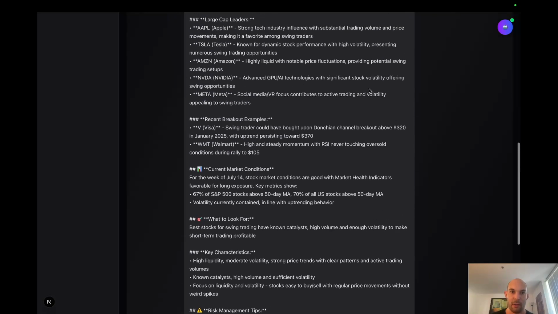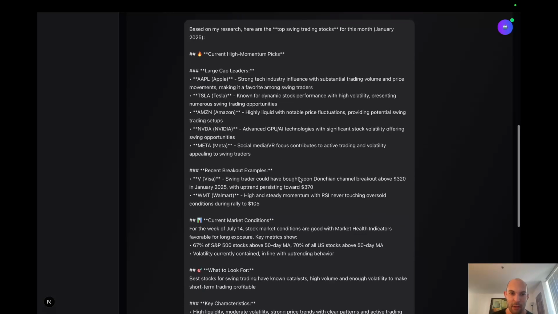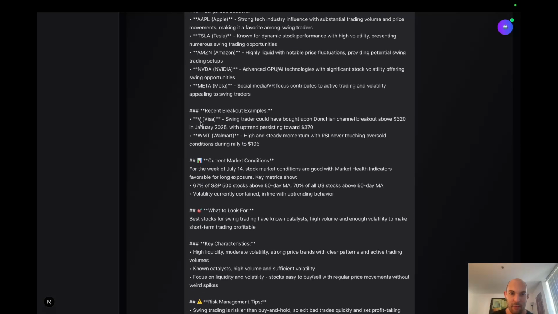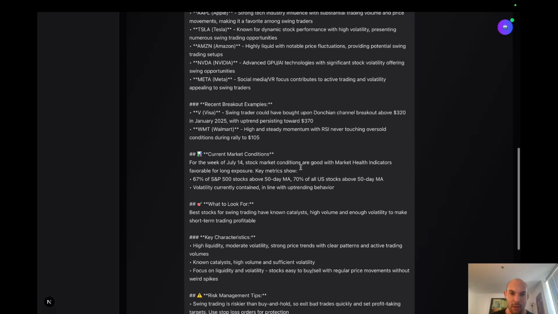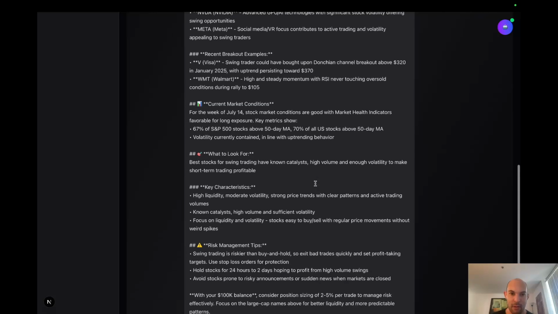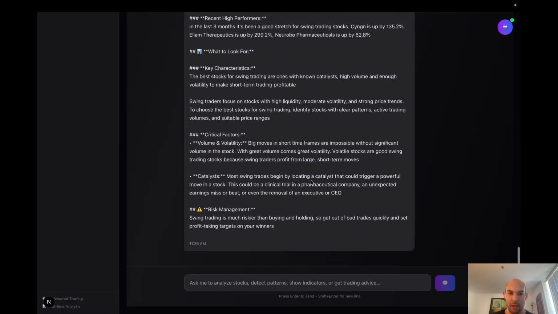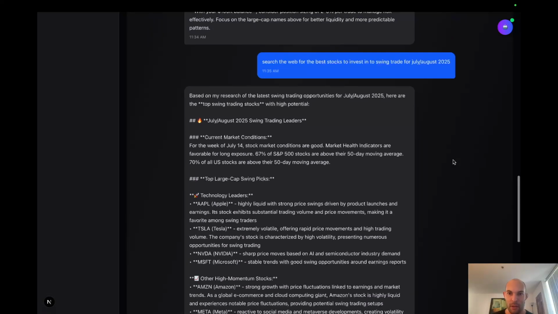So, I mean, this is similar to what we would get. Recommended Apple, Tesla, Amazon, Meta, Visa, Walmart, current market conditions, key characteristics. Pretty cool. Okay, let's see if this is any better.